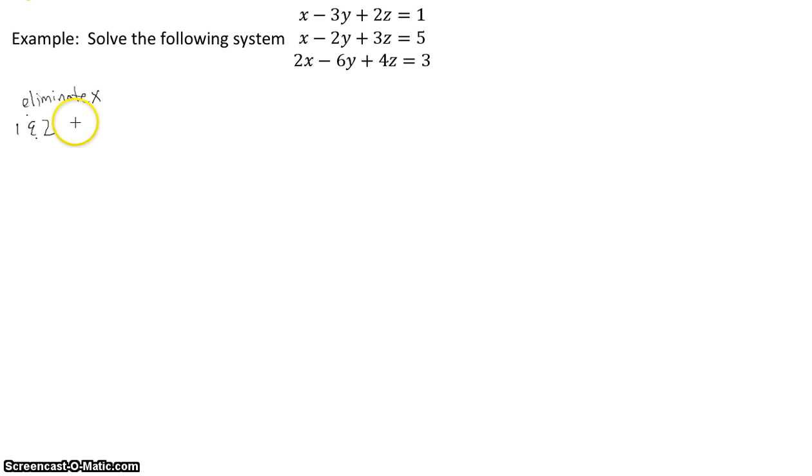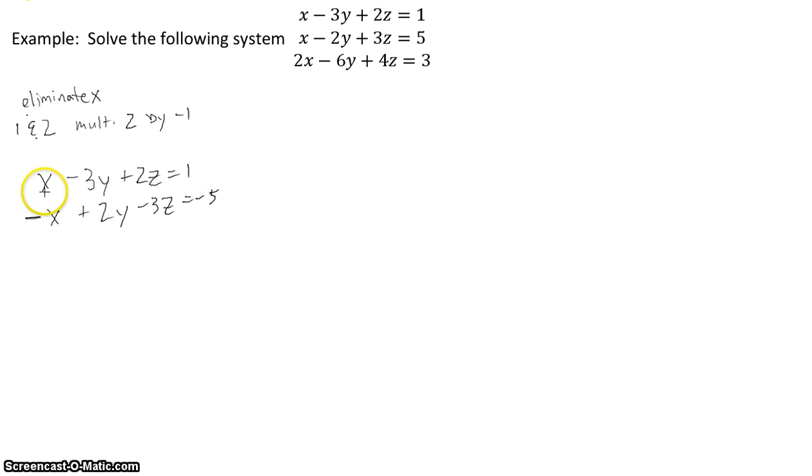And I'm going to multiply 2 by -1. Now, you might say, well, what good will that do? Well, I'm just going to write x minus 3y plus 2z equals 1, negative x plus 2y minus 3z equals -5.